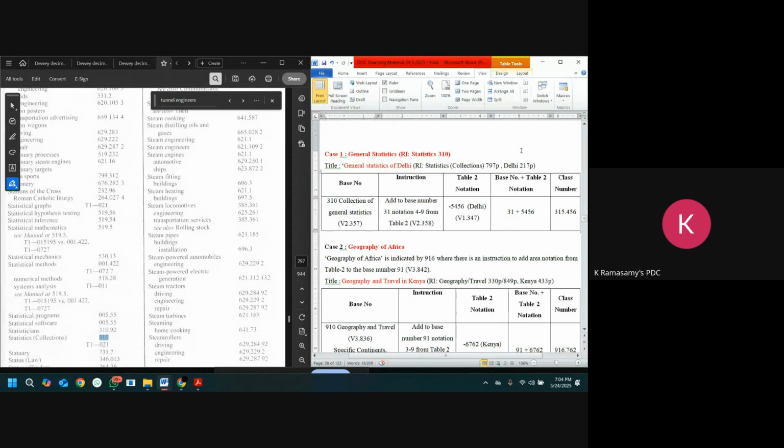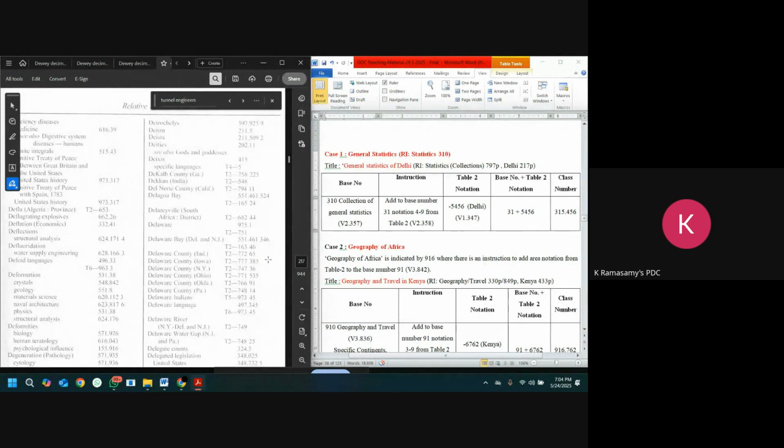Okay, fine. What is the number for Delhi? I don't know the number for Delhi. Either you can go to volume 1 and search, or you can search the relative index. Both will give the same answer. For the sake of simplicity, I search for all the places in the relative index itself. I look for the term Delhi.